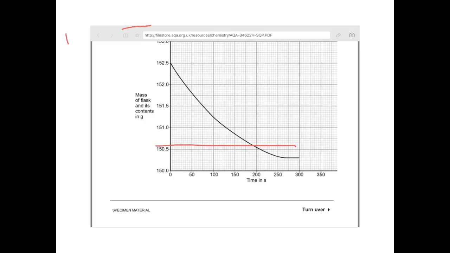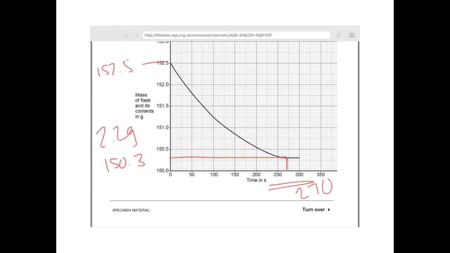So you've got 152.5 at the top, and then if you read the bit at the bottom very carefully, you'll see that it's 150.3. So if you take those two numbers away from each other, you get a mass loss of 2.2 grams, and then in order to work out rate of reaction, you need to divide that by the time taken, and that's where you have to look along this axis in order to see where the reaction actually stopped, which was at 270 seconds.